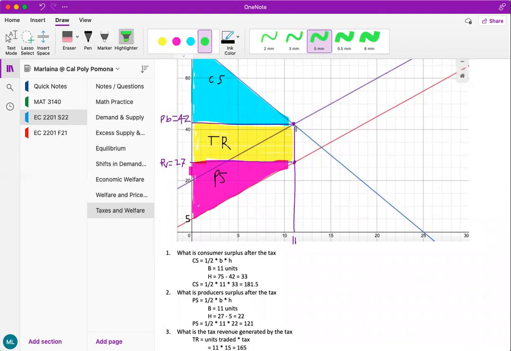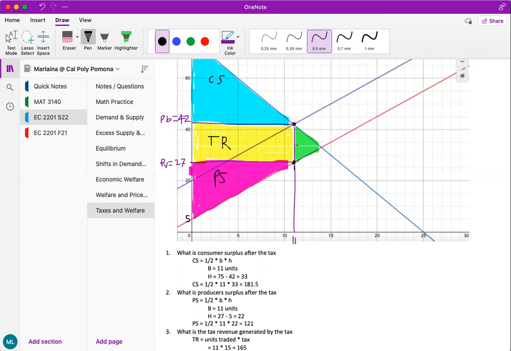And then lastly, we have this little triangle off on the end, deadweight loss, surplus that has been lost in the market due to this tax. And to find it, we have our height, which is going to be the difference from up here, the price consumers are paying, and down here, the price the producers are receiving. And that difference is again just going to be our tax, 15.